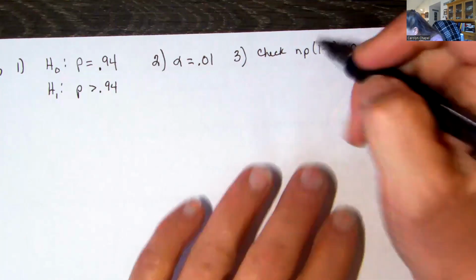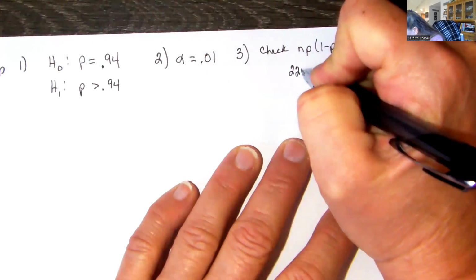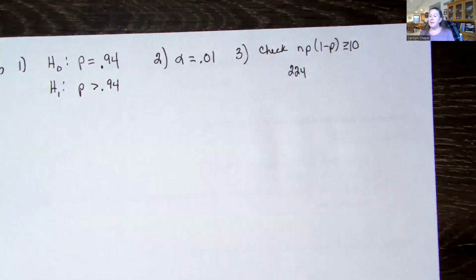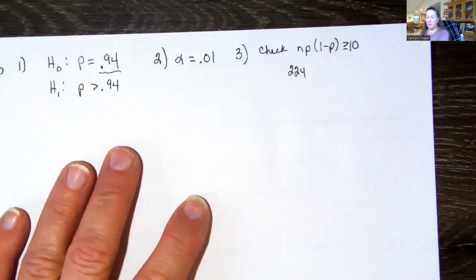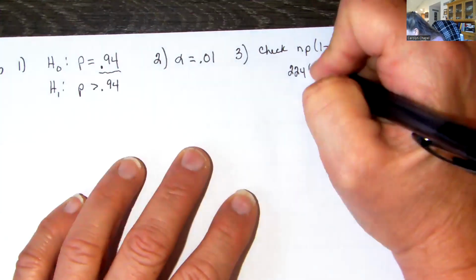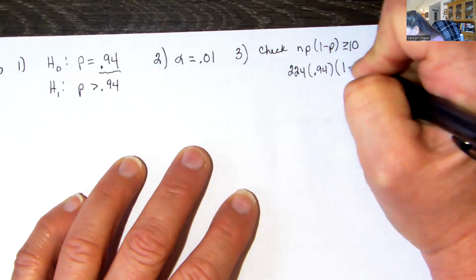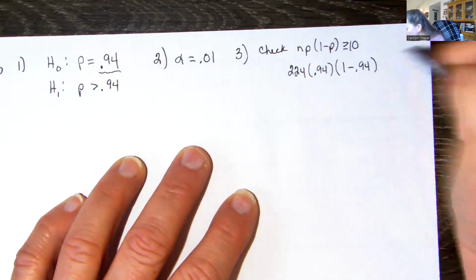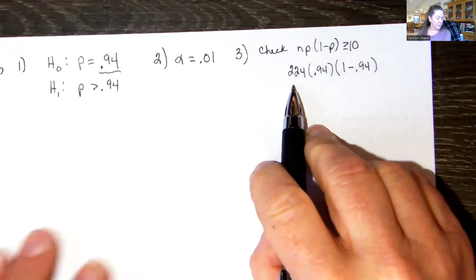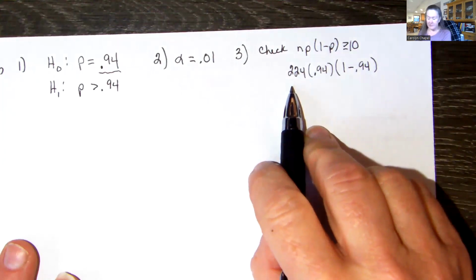So we had 224 people, and the p that we use is the status quo number that we have. So we're going to use that 0.94. But this was our sample size, that was 224 patients that they looked at.